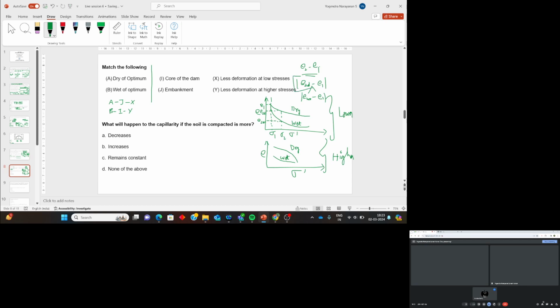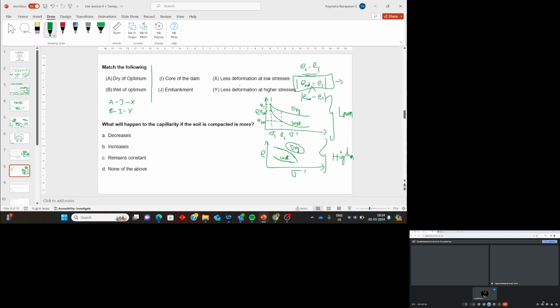So at lower stresses, dry is undergoing lesser volumetric deformation. When you come to higher stresses, its slope is more and the other's slope is relatively less. So this time dry of optimum will undergo more deformation, and wet of optimum will undergo less deformation at higher stresses.